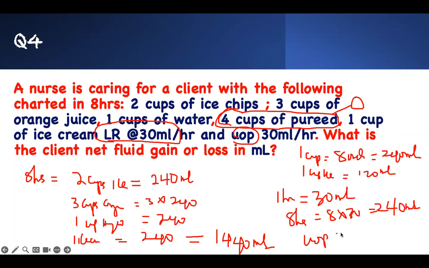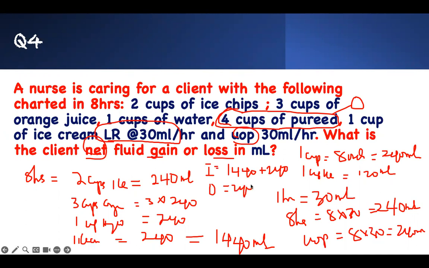So urine output will be 8 times 30. That's 240 ml. And we're supposed to calculate net fluid gain or loss. Therefore, I know total intake is 1440 plus 240 of the IV fluid. And total output is 240. Therefore, this will just cancel. And you know, there's a net intake of 1440 ml. So that's the answer.